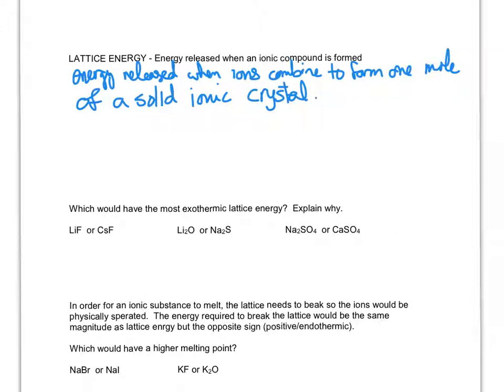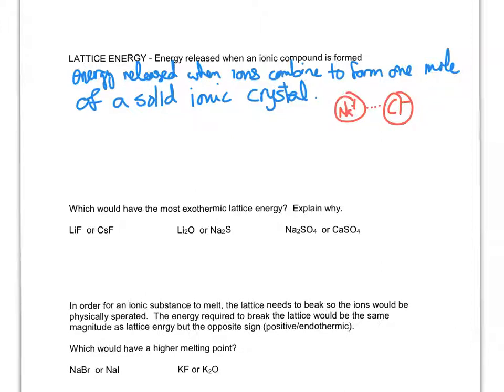So remember that the energy that's released is because you have something that's positive and something that's negative coming together. So like we said, let's say we have Na pluses and Cl minuses, and we want to combine those together. There is an attraction here, the Coulombic attraction.